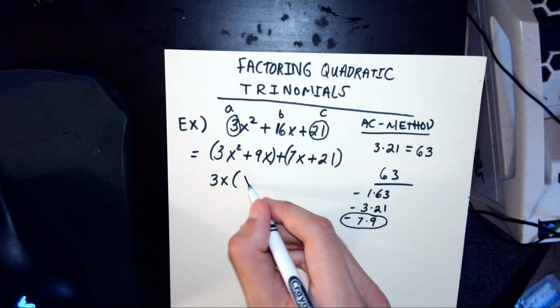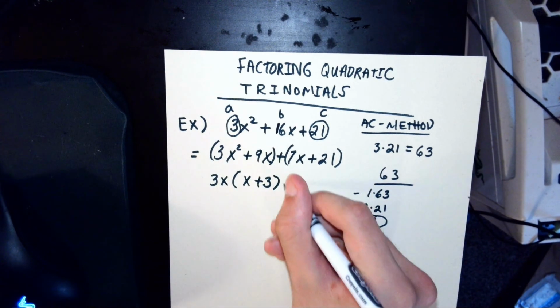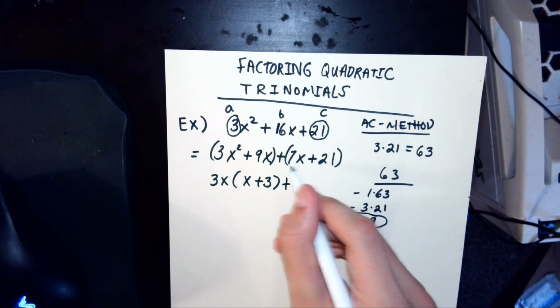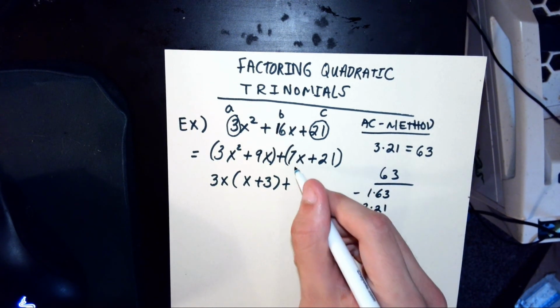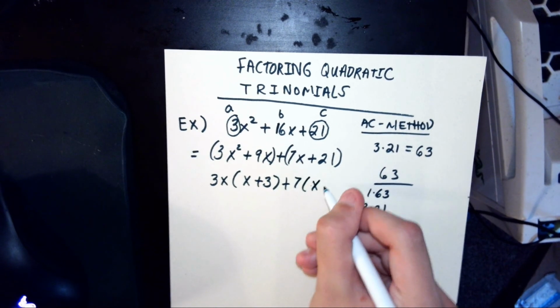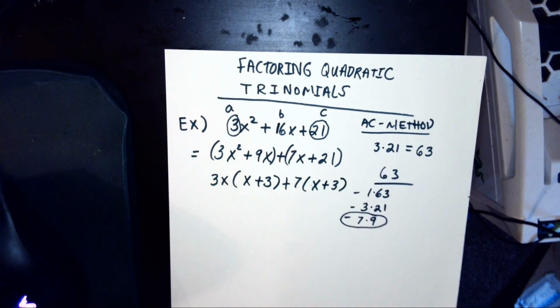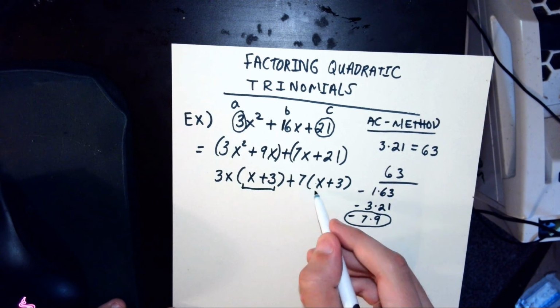What will be left over is x plus 3, plus, and then on here we have a 7x and a 21. Notice that 7 goes into both 7x and 21, so we can pull that out, and we get x plus 3 again. Now we have an x plus 3 in common here, and x plus 3 in common here.